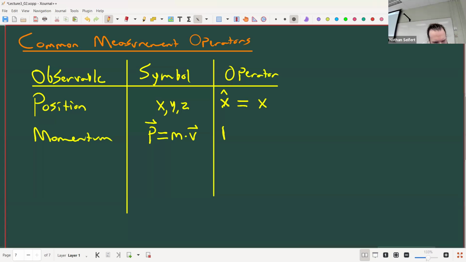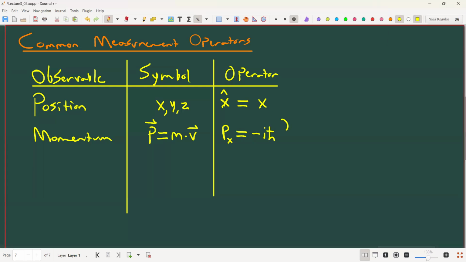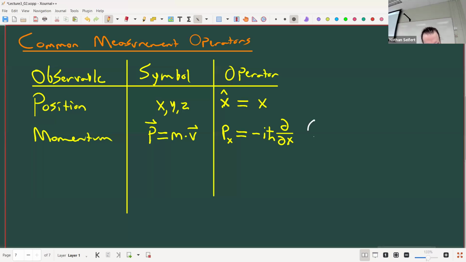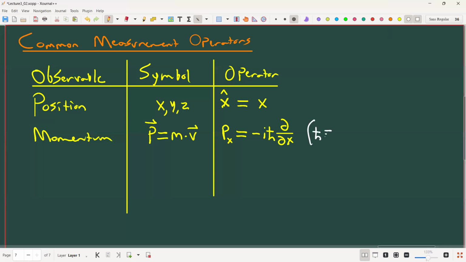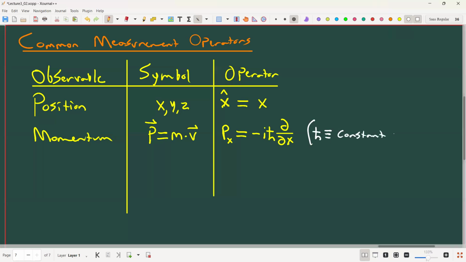And momentum, let's say along the x direction, so this is the x component of momentum, because momentum is a vector with multiple components, is minus i h bar d by dx, times the derivative. So the momentum has something to do with the derivative with respect to position. Very strange. We'll define this number next time. H bar is a special constant that we'll define next time.